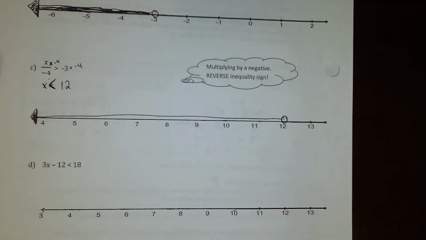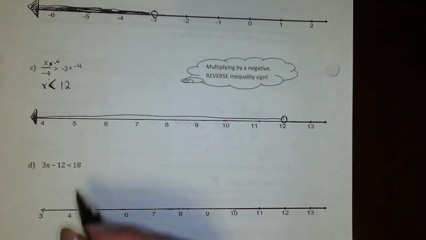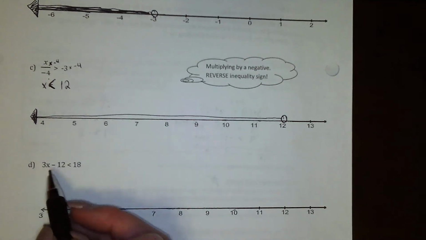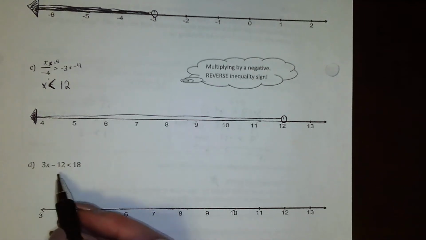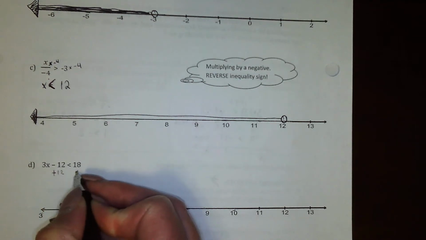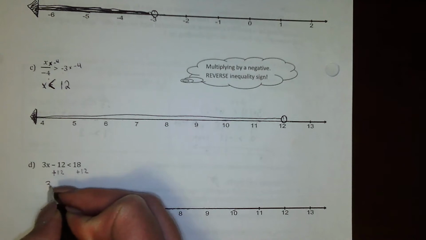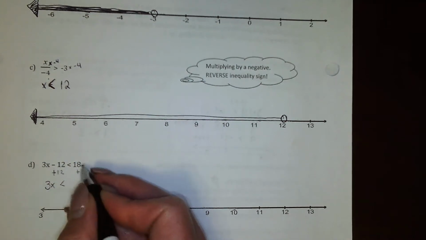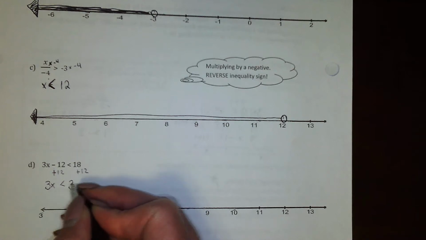And lastly, we got a two-step inequality here. Actually, not lastly, because we got another example as well. Always start with your adding or subtracting on both sides. So if this is subtracted, the opposite would be to add it on both sides, leaving me with 3x. That becomes 0, less than 30.